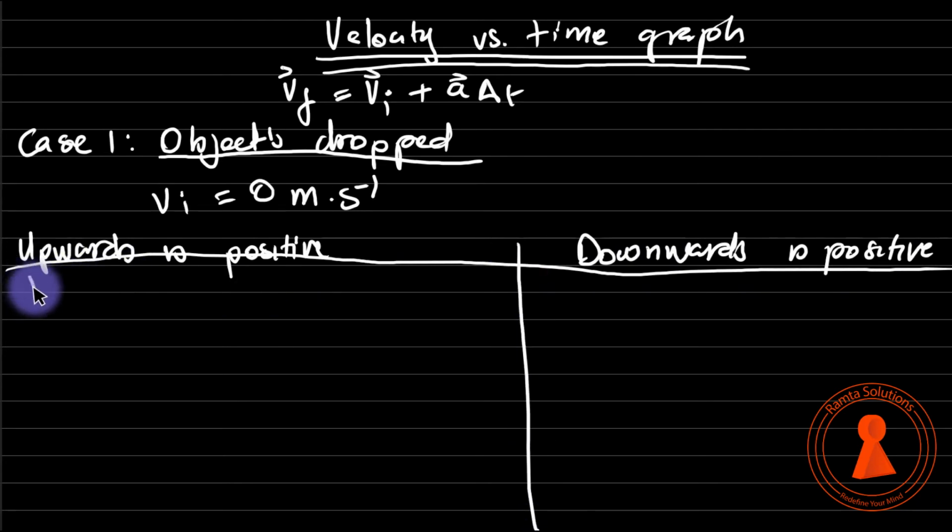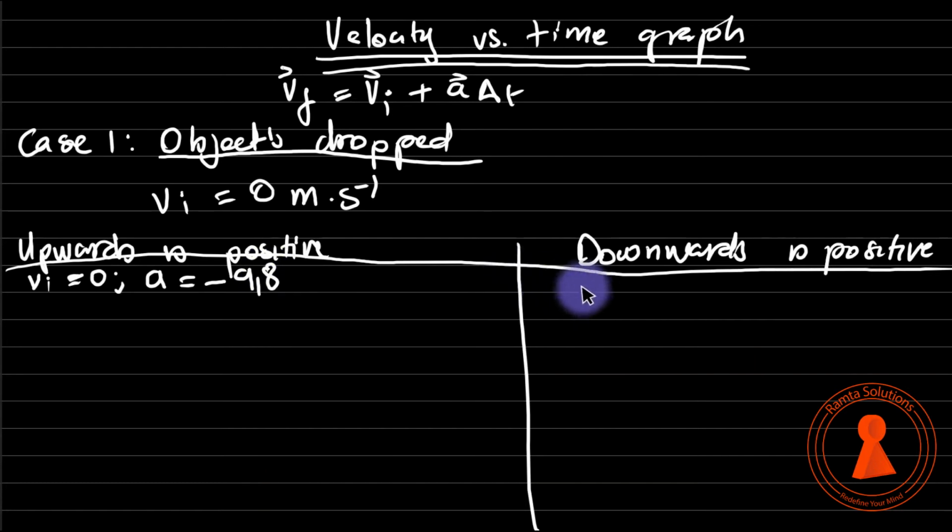Initial velocity is 0. Gravitational acceleration is 9.8 meters per second squared downwards. Our positive direction was upwards, so since this one is downwards, it will be negative 9.8.